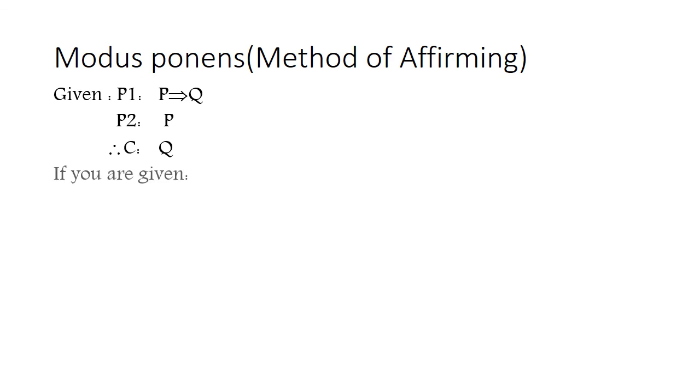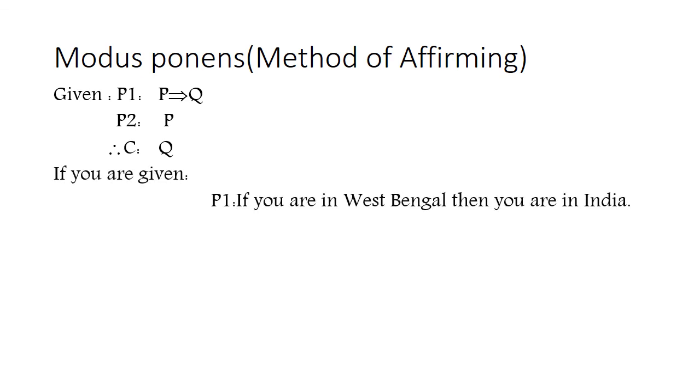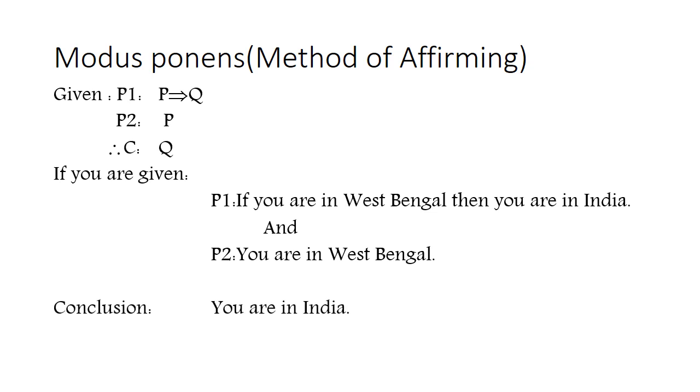Let's see an example. Let the first premise be: if you are in West Bengal, then you are in India. In this conditional statement, the antecedent is you are in West Bengal and the consequence is you are in India. P2 holds, that you are in West Bengal, then the conclusion is you are in India.